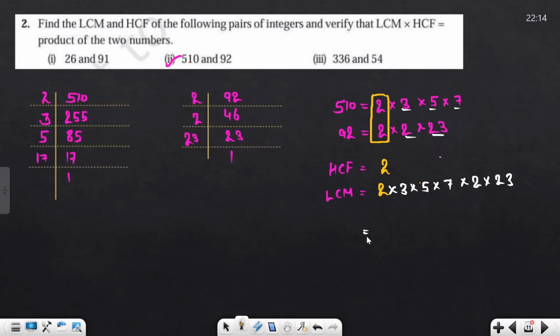Upside we made the factor 510. Multiply with 2, what do we get? 1020. And 1020 multiplied with 23 gives 23460. Okay, I hope everyone understands.